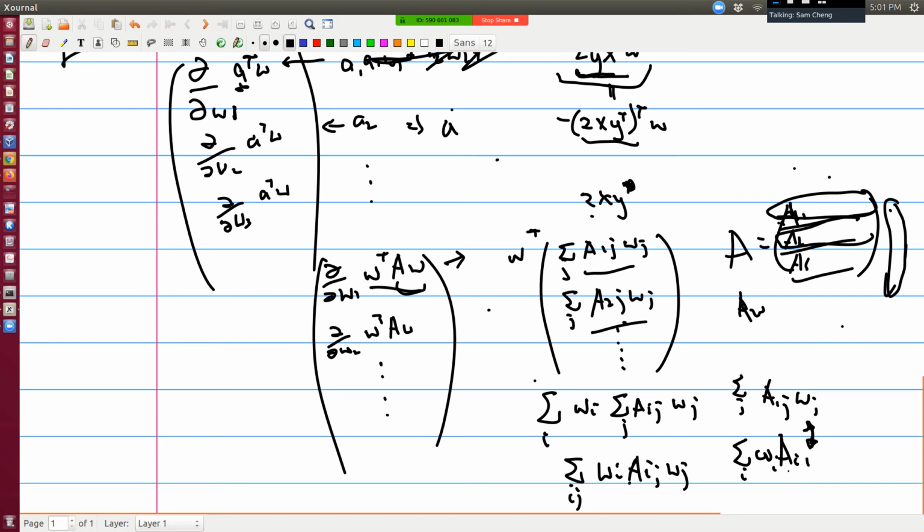Instead of considering A_i1 multiplied by W_i, I can think of this as A_1i, but with a transpose, multiplied by W_i. So then these two forms look the same. Therefore, if I collect all the terms here, what I have is A plus A transpose multiplied by W. This is actually the gradient of this expression.